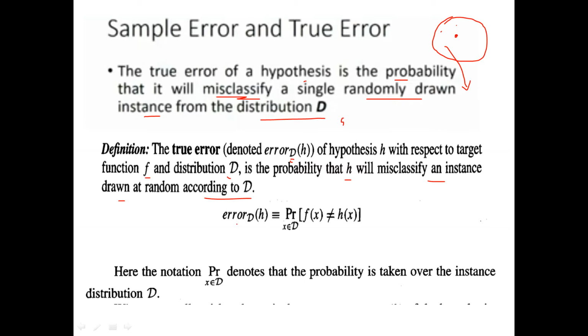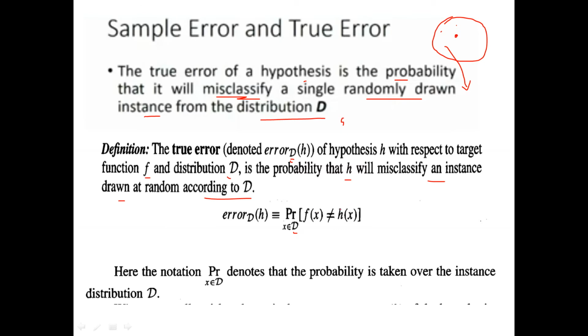So this can be written as error D of a hypothesis equivalent to the probability, for all x belonging to your distribution, when f of x is not equal to h of x, right? When your learned target is not equal to your predicted hypothesis label, then there is an error.